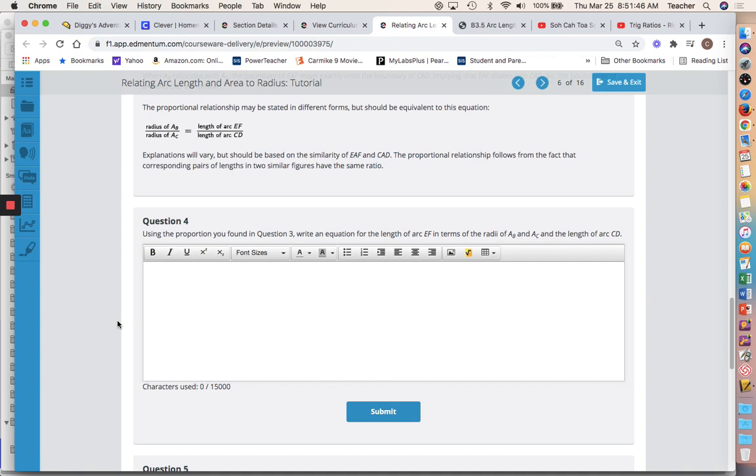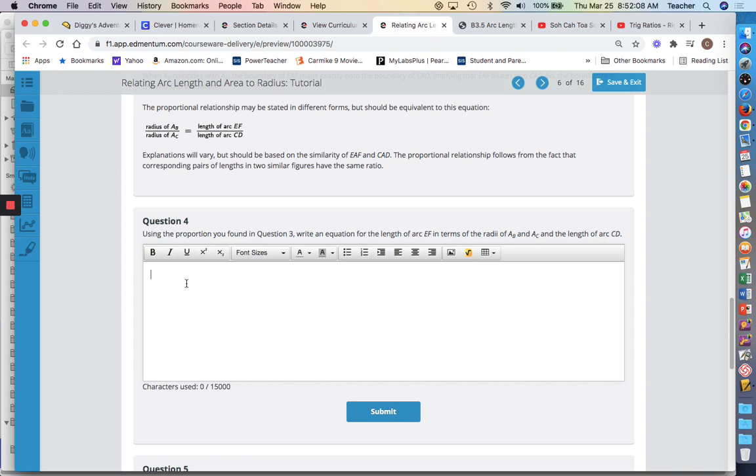All right, use the proportion you found in question 3. Write an equation for arc length of EF in terms of the radius AB and AC and the arc length of CD. In other words, they want you to get arc EF by itself. Well, of course, the opposite of dividing by the length of the arc CD is to multiply this by the length of the arc CD.